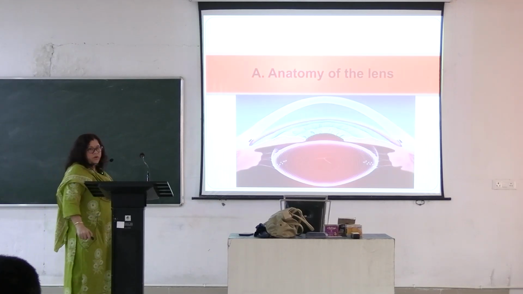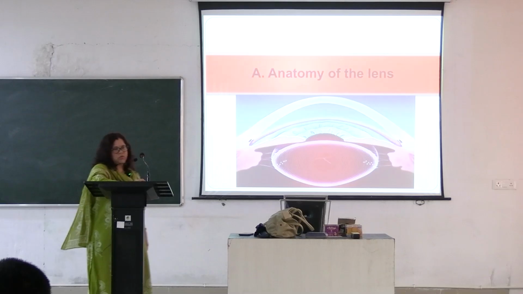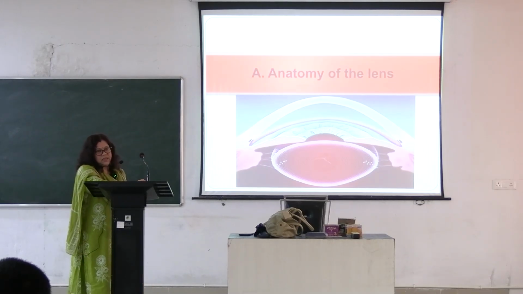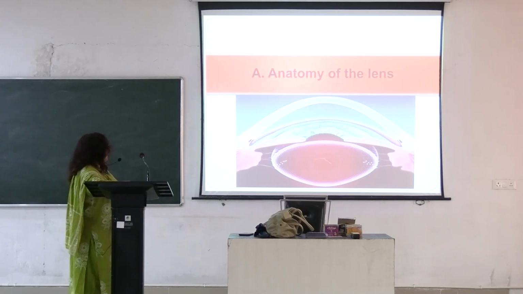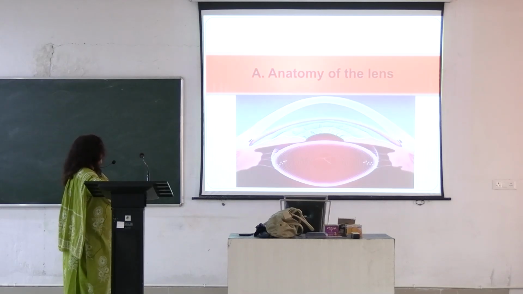The lens is a biconvex, transparent, avascular crystalline structure that is situated behind the iris and in front of the vitreous, placed in the saucer shaped facet that is present in the vitreous. And this one is the cornea.